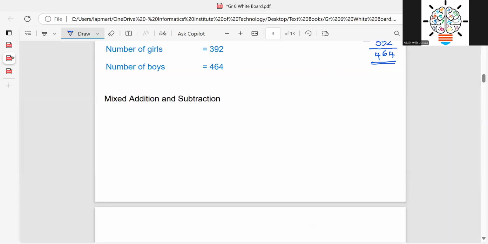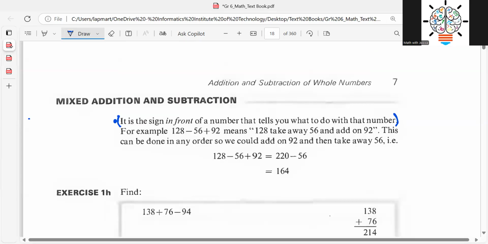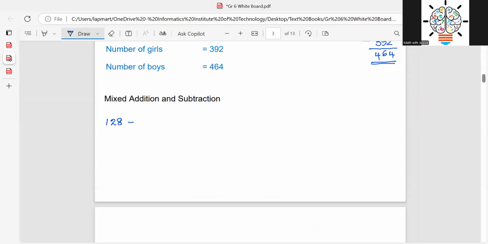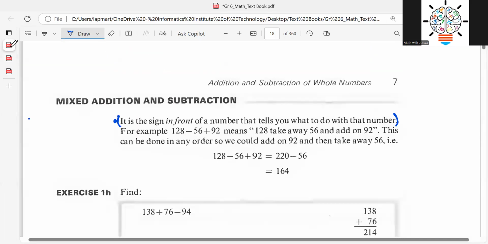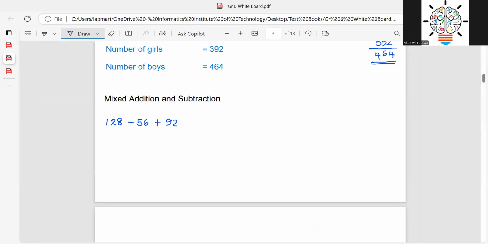Then I will tell you the question: 128 minus 56 plus 92. When you have something like this, children, what I recommend you to do is write 128 and 92 closer.